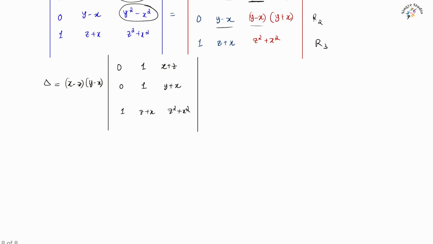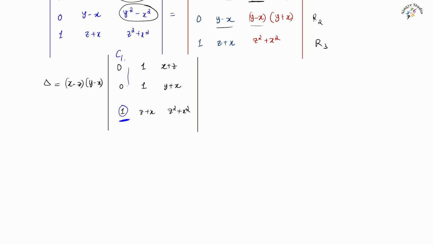Now if you observe very carefully, in this column 1, two entries are 0, and only one entry is non-zero, right? So if we expand to calculate the determinant through column 1, then we need to only account for the minor of this number.